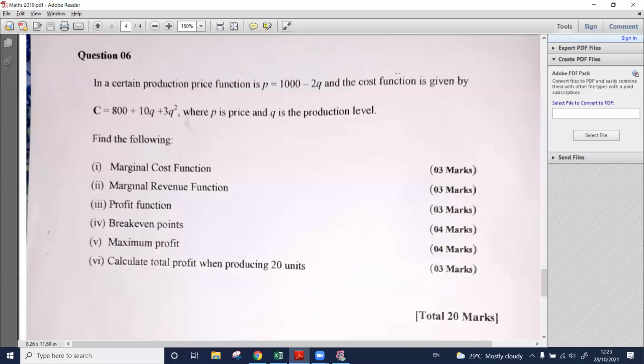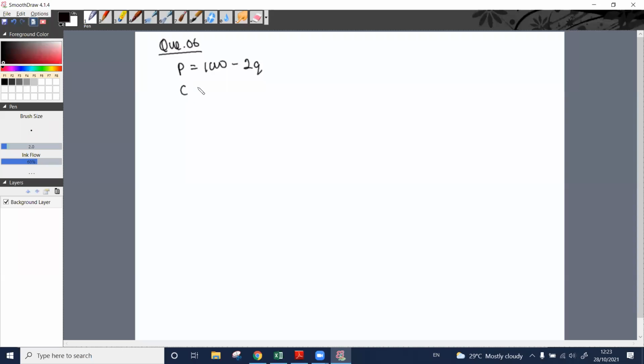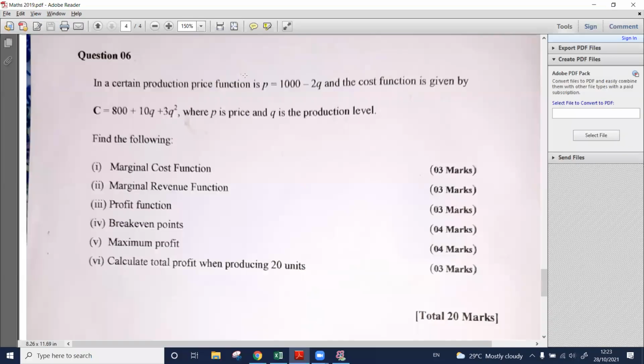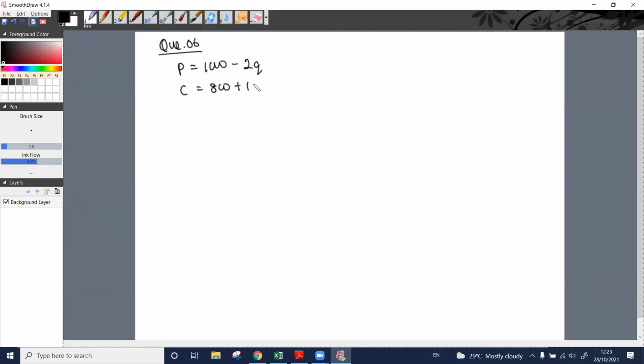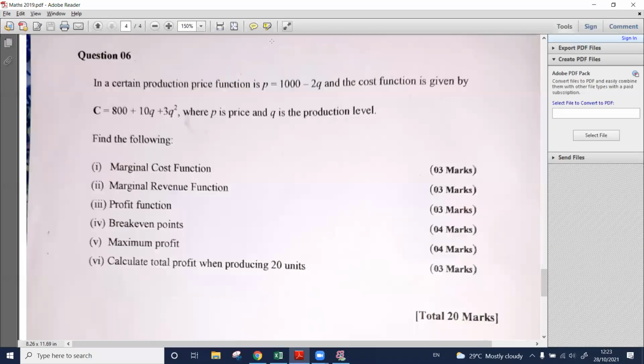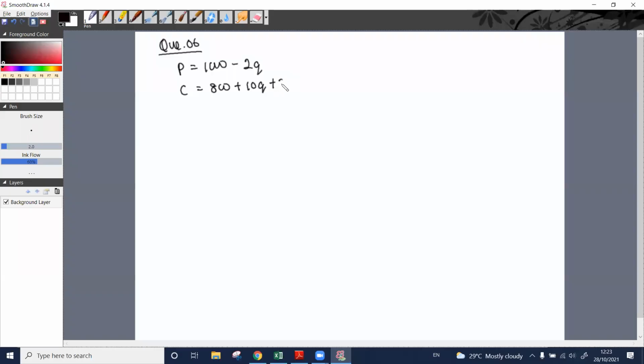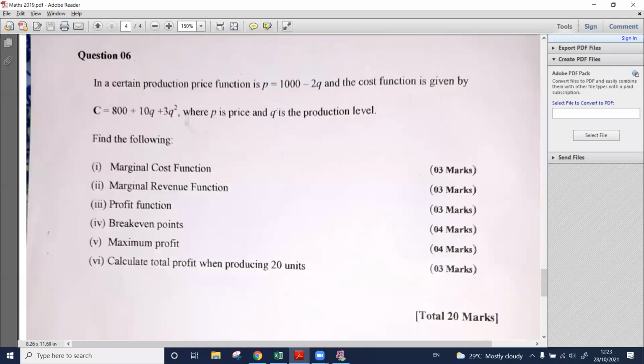And the cost function is given by 800 plus 10Q plus 3Q squared, where Q is the production level.